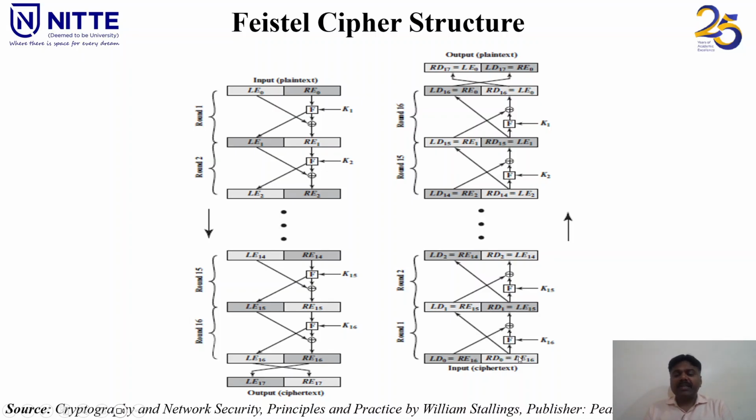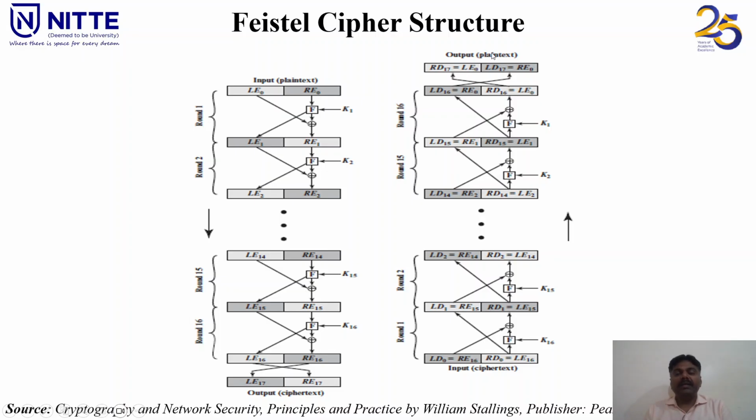So I'm going to pass the swapped values into the function f with the key value, and the same thing is passed to the left side for the next round, and the left side keeps performing the XOR operation. We get the right side value. Likewise, the 16 rounds of process will be undergone in order to get back my original plain text.